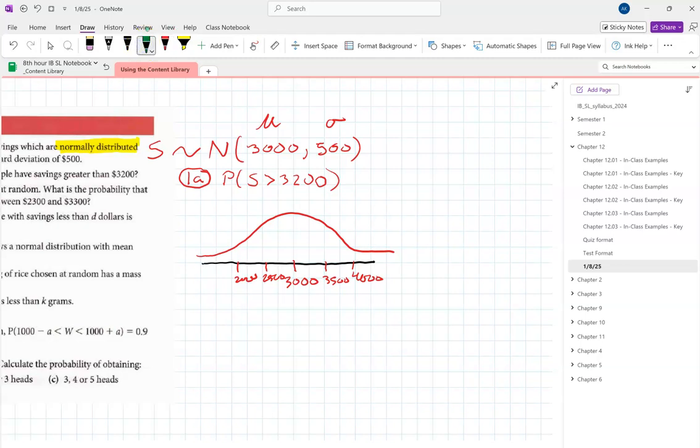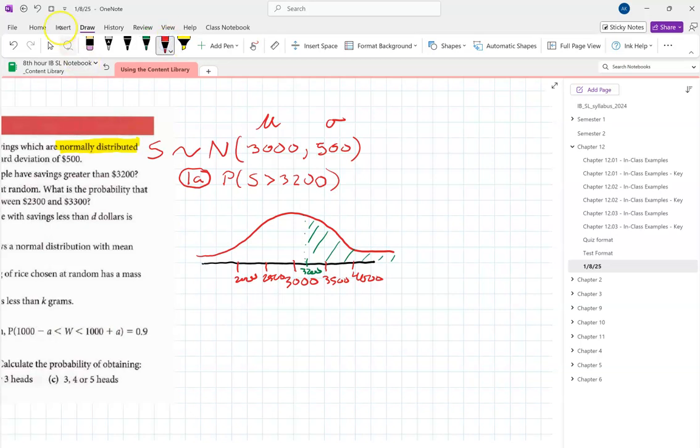So what we're looking for is, 3,200 is here. We're looking for that area under the curve. Yes. Is everybody okay visually with what we're looking for?